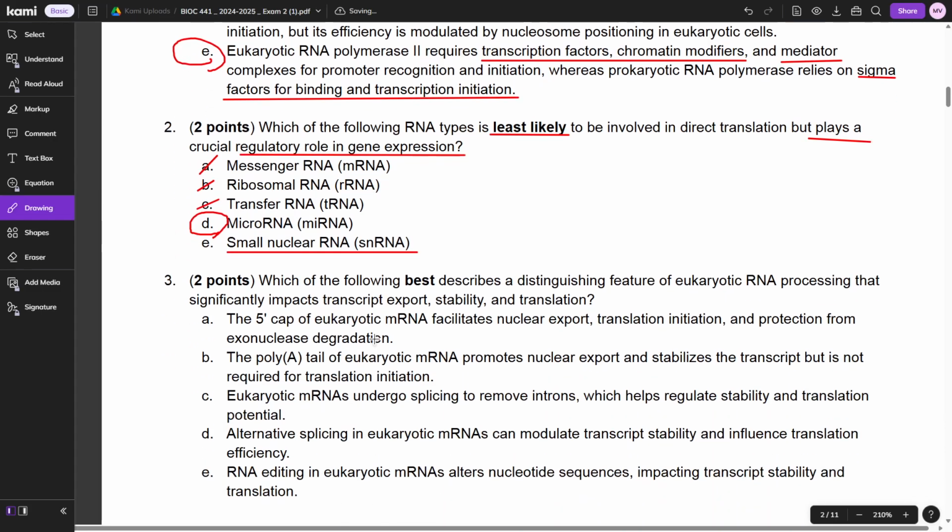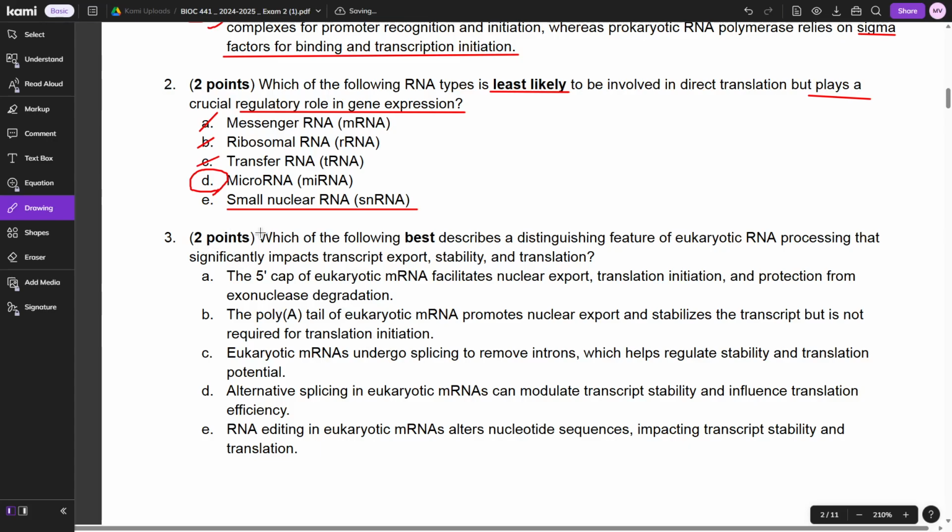So that. Okay, for 3, which of the following best describes a distinguishing feature of eukaryotic RNA processing that significantly impacts transcript export, stability, and translation? Okay, so I'm looking at things that have to do especially with stability and translation.